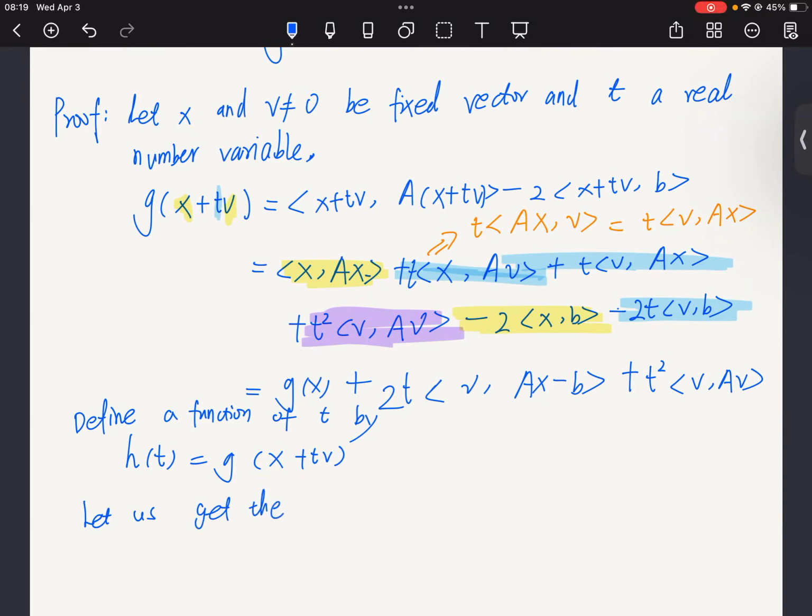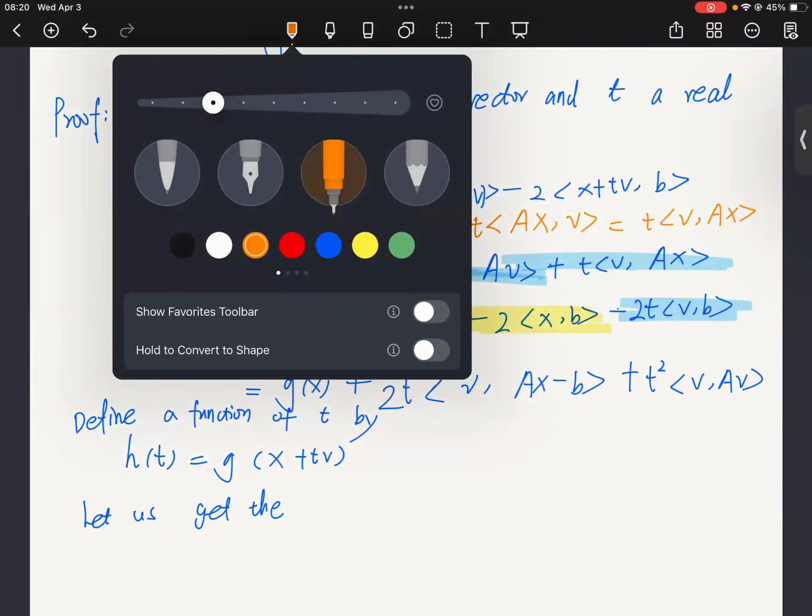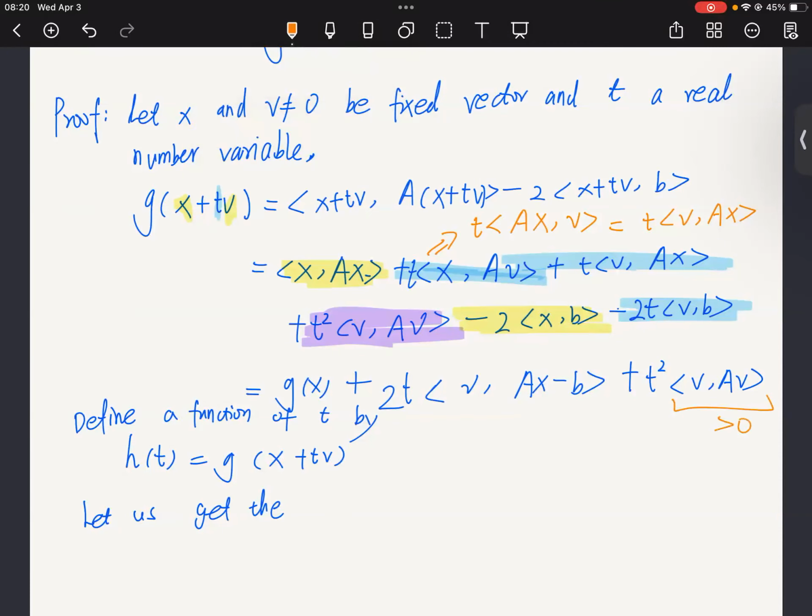Because here, this is a positive definite matrix, and v is a non-zero vector, what does that give us? This gives us that this number is bigger than 0. So the h(t) function is actually a quadratic function, and it opens up.